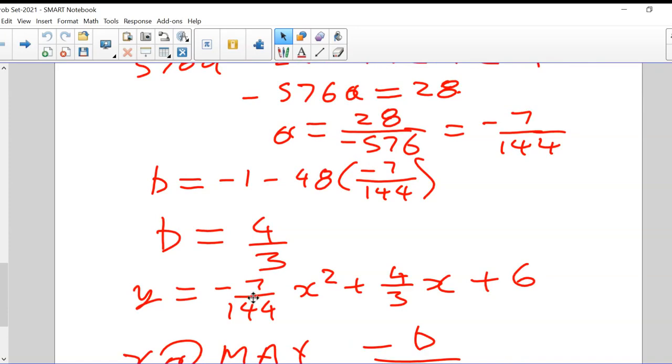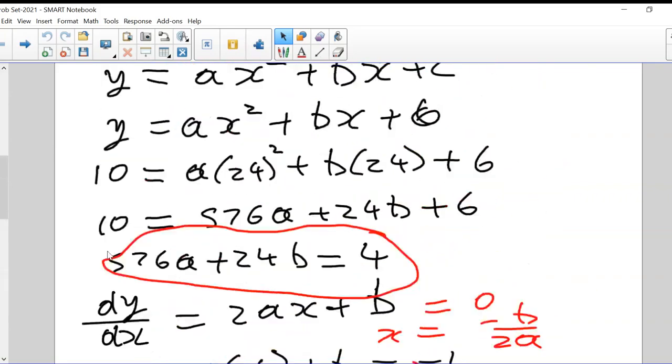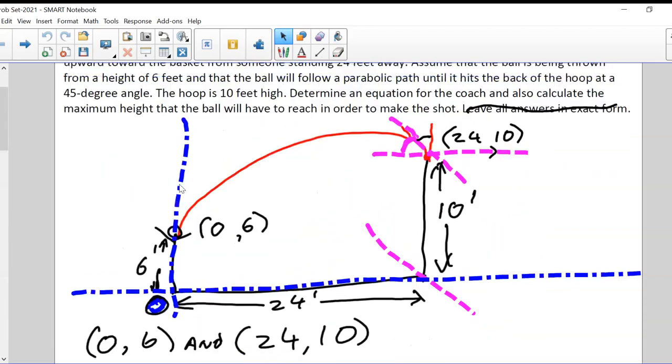We put that into Desmos, and I demonstrated that this would be the equation. It leaves from the (0, 6) point, goes up and comes down with a slope of minus 1, and hits that (24, 10) point with a slope of minus 1, which is a perfect angle for it to be coming in at to hit that basket.